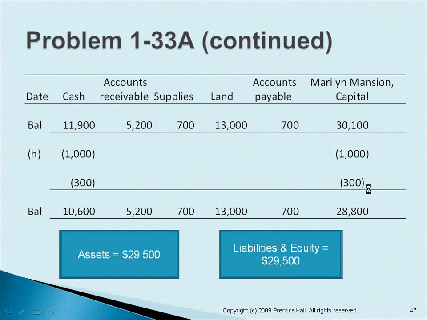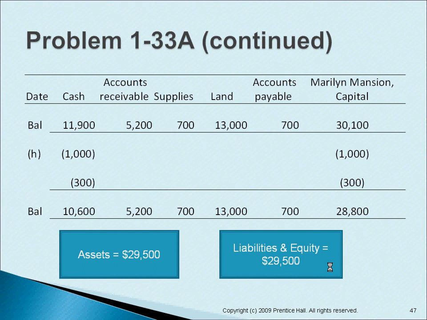His capital is decreasing because we saw earlier that expenses reduce the capital balances. Of course, since we're reducing both sides of the equation by $1,300, the assets and the liabilities and equity are both going to go down by that $1,300.